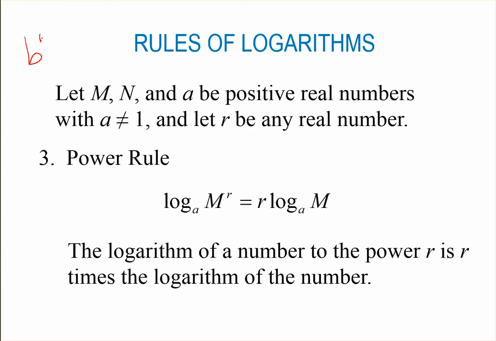B to the m to the n power. Notice what we're doing is we're taking a power of a number called b to the m, but really all we got to do with the exponents is just multiply the exponents. That's exactly what it means. This r is now multiplying that log. Okay, so here's the first three. We'll get to a few more.